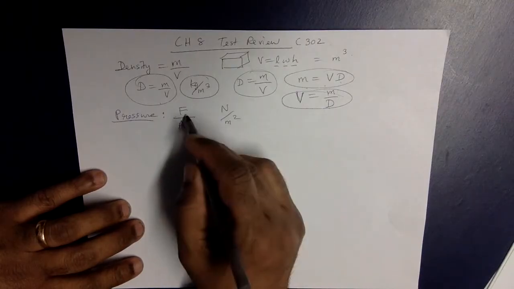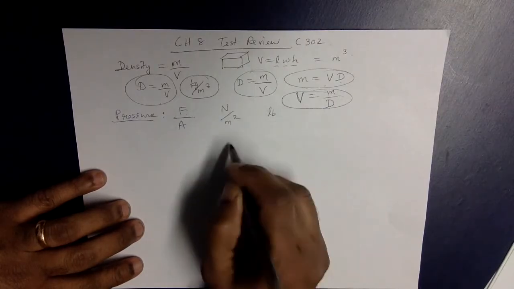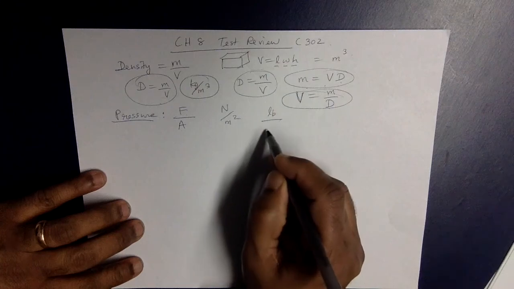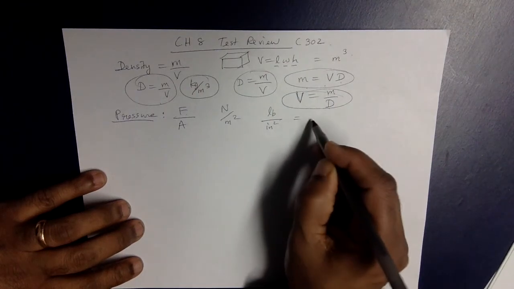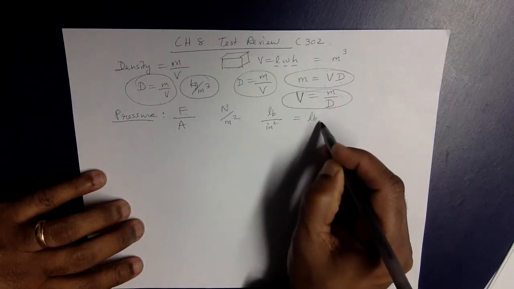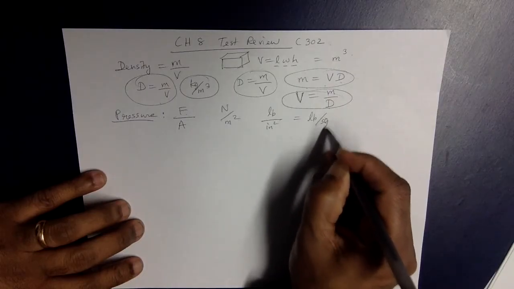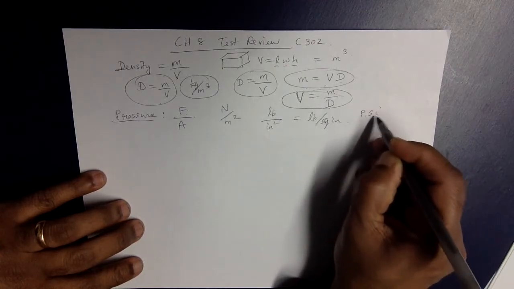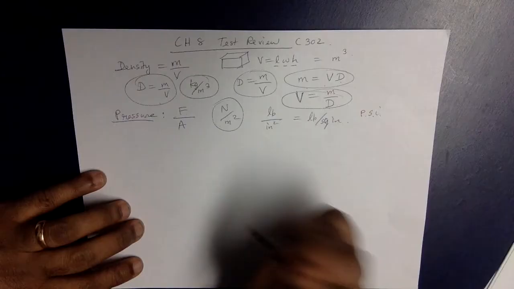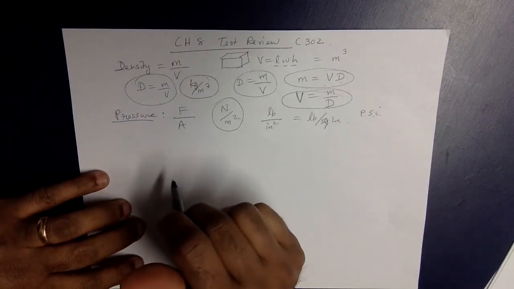Or if the force is measured in pounds and the area is measured in square inches, then you can get the pressure in pounds per square inches, which is what we write as PSI. But this is the SI unit of pressure.